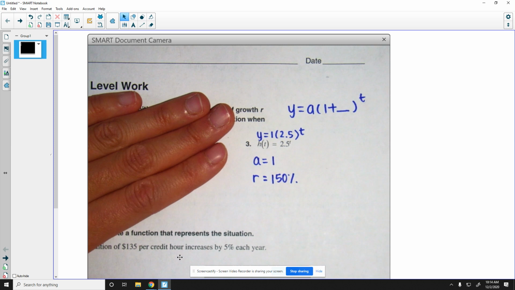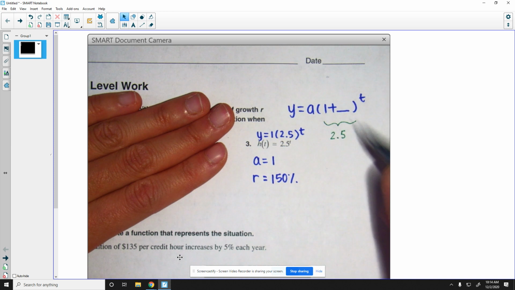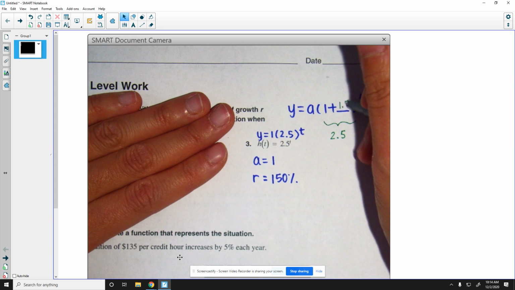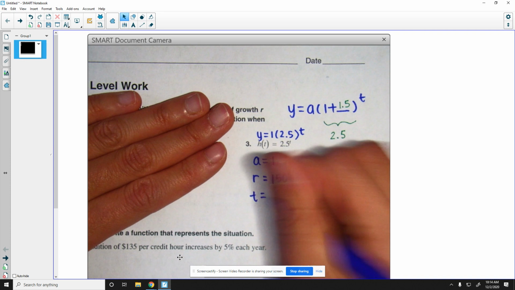Okay. Add one. Do you see how this right here in the parentheses, they wrote it as 2.5? So 1 plus what equals 2.5? 1.5. So do you see how Luke got 150% there? 1 plus 1.5 equals 2.5. So you kind of have to think backwards there. And then your T, you would just plug it in as 5.